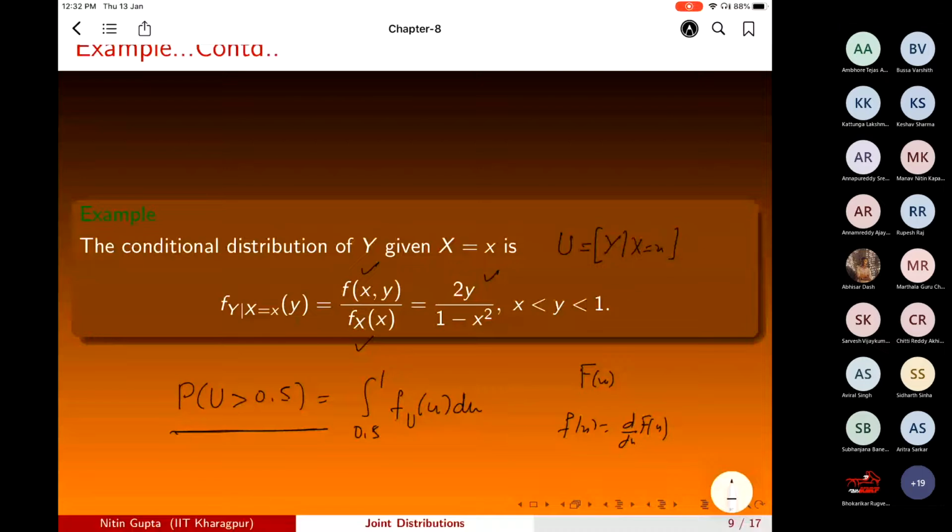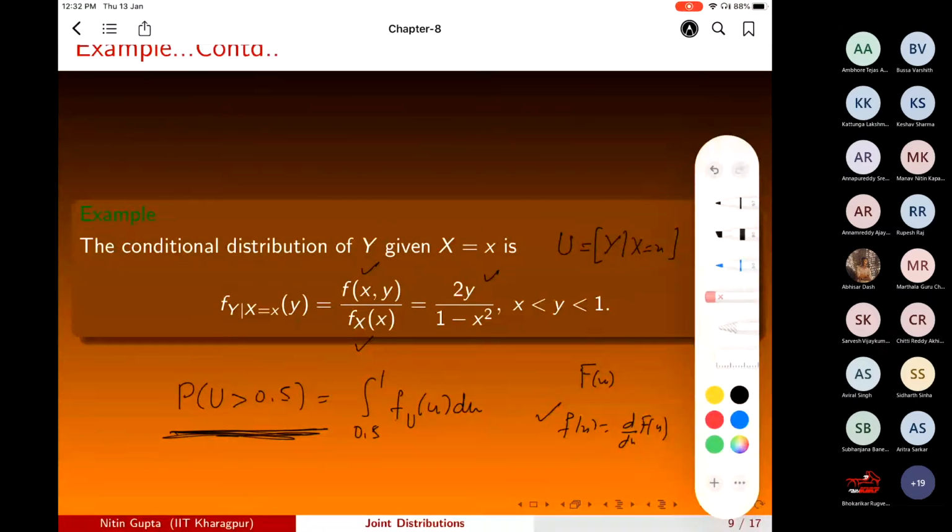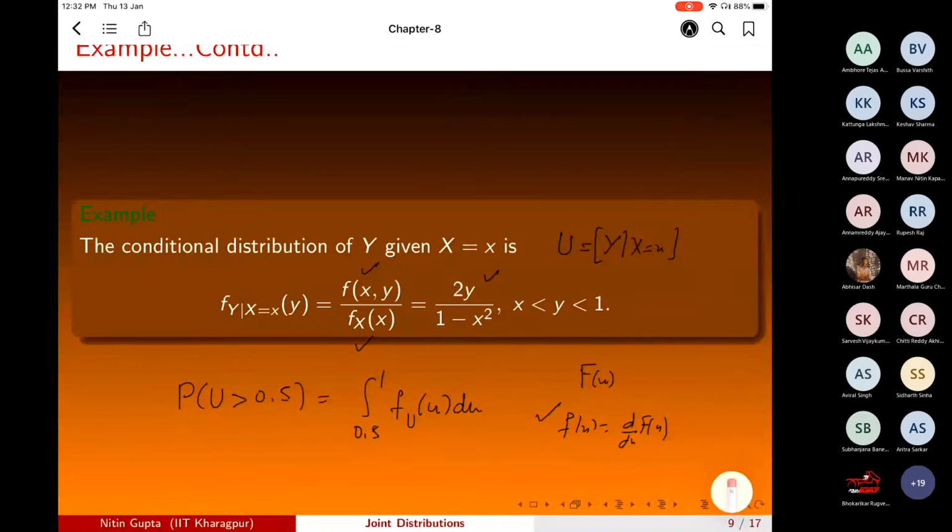So probability density functions are used to find out the probabilities, but as such they don't represent any probability. But you can find probabilities using these.